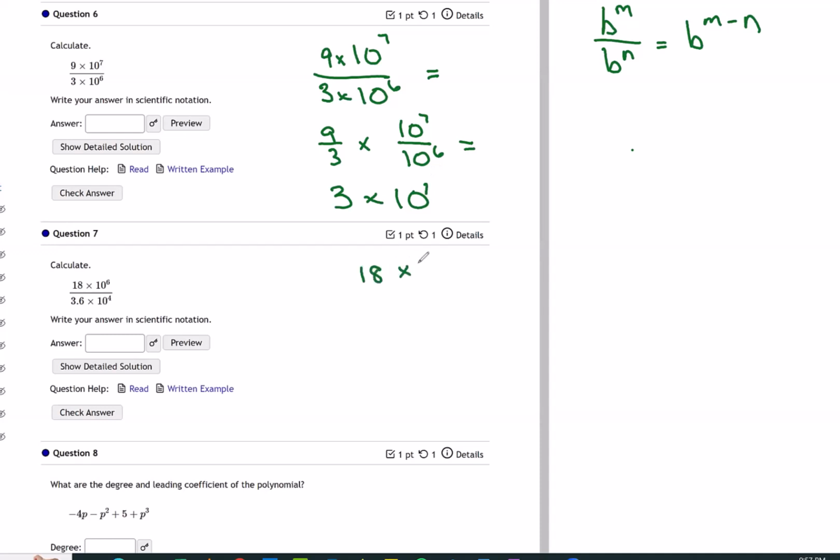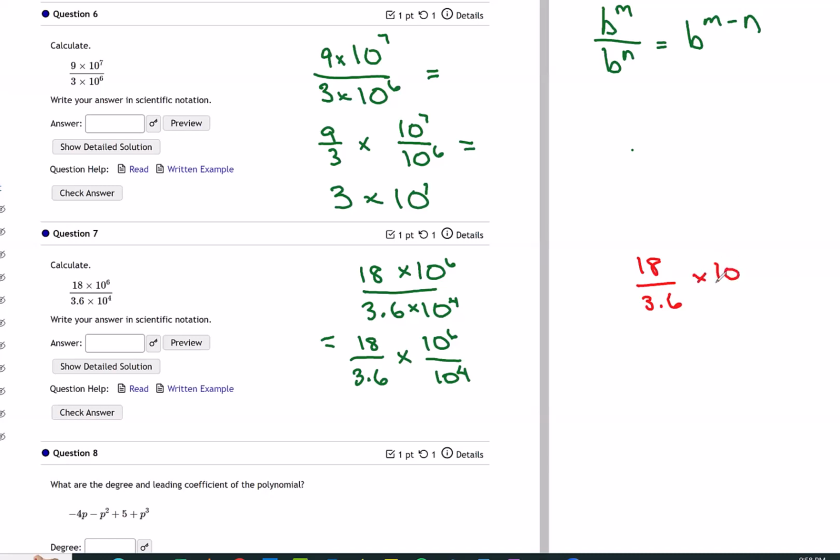18 times 10 to the 6th divided by 3.6 times 10 to the 4th. I'm going to separate it into 2 separate fractions just to make it a little easier. 18 divided by 3.6. We never have decimals in the denominator when we divide.